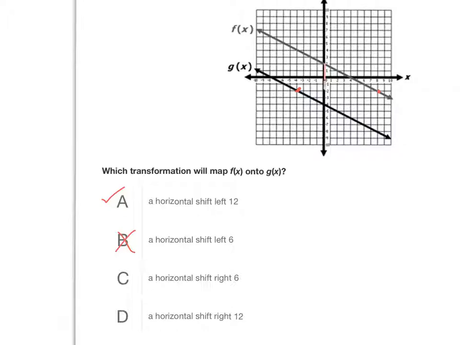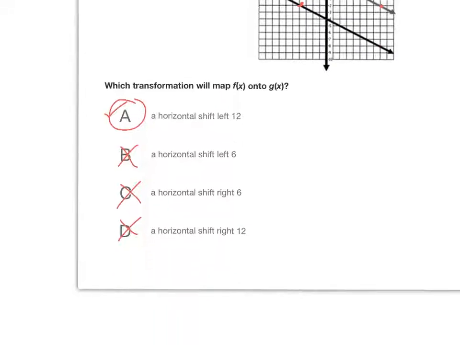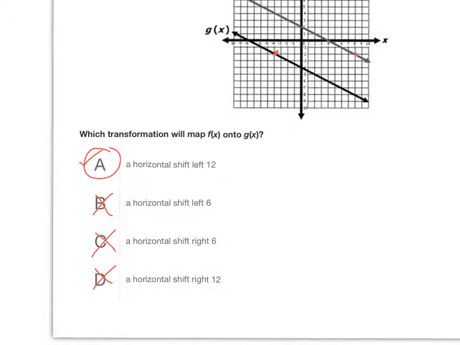If I go right 1, 2, 3, 4, 5, 6, I'm not anywhere near the G function at all, so it cannot be C. A horizontal shift right 12, and for the same reason, a right shift is not going to work at all, so the answer definitely is A. Is that it? Okay, so next question.